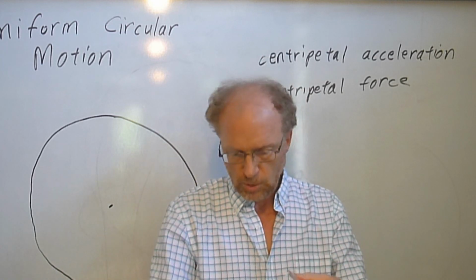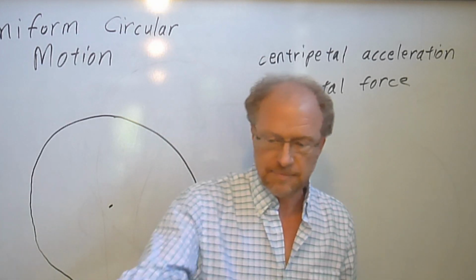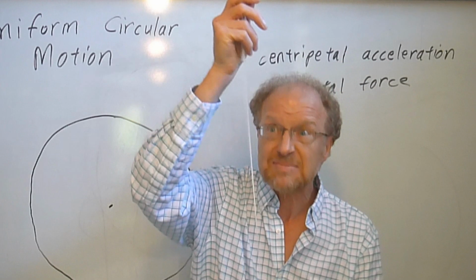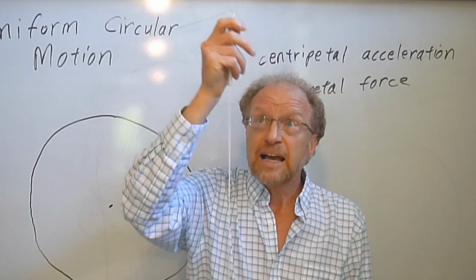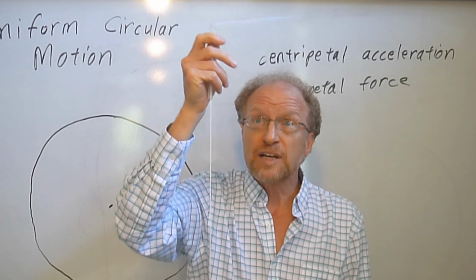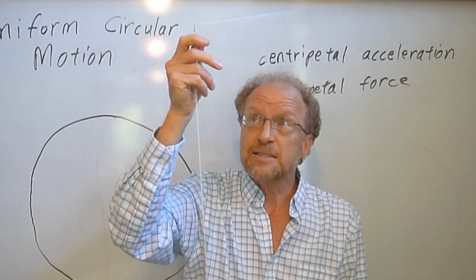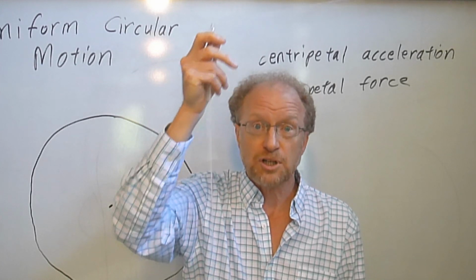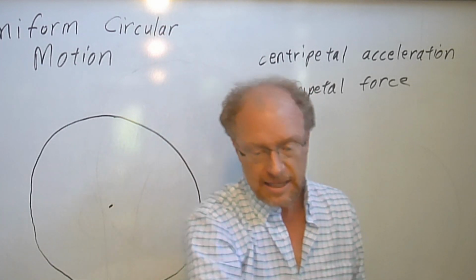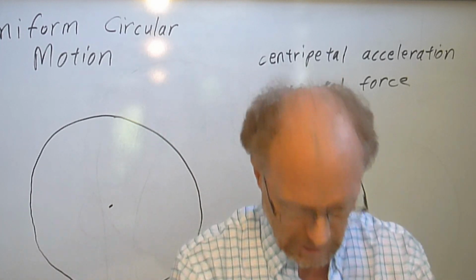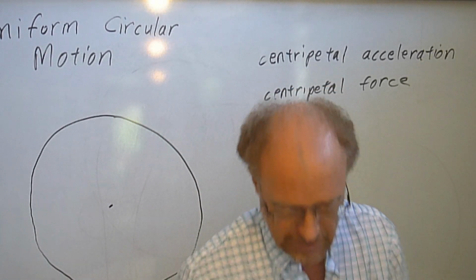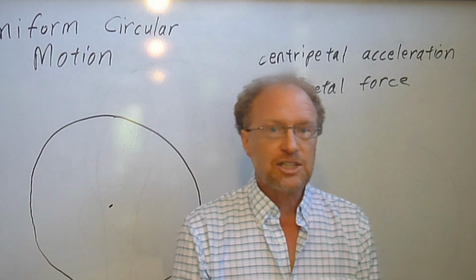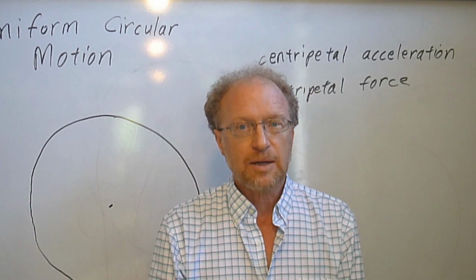And I can twirl this over the top of my head, and the eraser is moving in a circle at a constant speed. So this is uniform circular motion. In the lab, we're going to be looking at the relationship between the speed and the acceleration of the eraser.